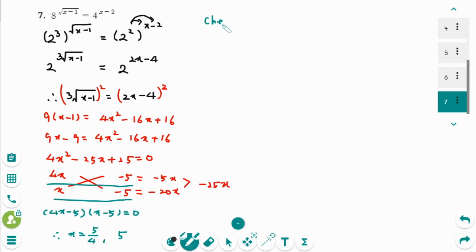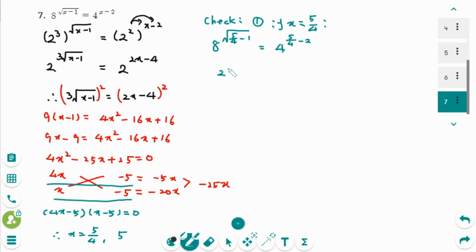Then we have to check. The first one, if x equals 5 over 4, put 5 over 4 into the original equation. 2 to the power of 3 to the power of square root of 5 over 4 minus 1 equals 4 to the power of 5 over 4 minus 2.